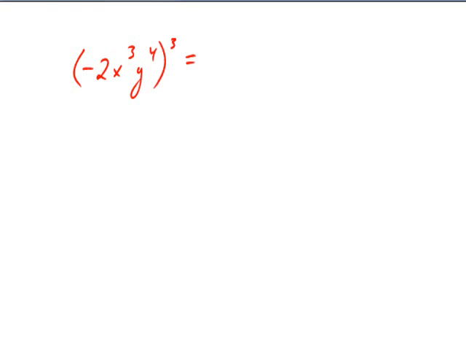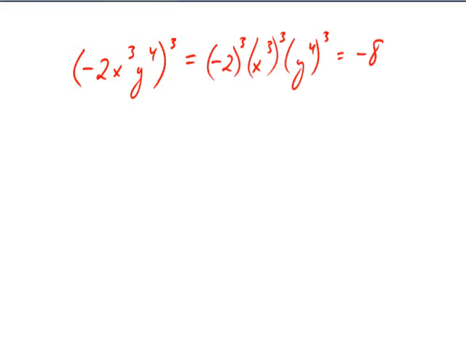To expand this, be very careful to remember to raise the negative 2 to the third power also. I could raise it like this, raising the negative 2 to the third power, x to the third power also raised to the third power, y to the fourth raised to the third power.